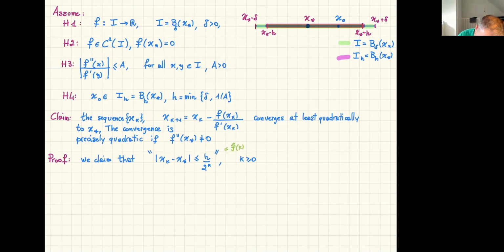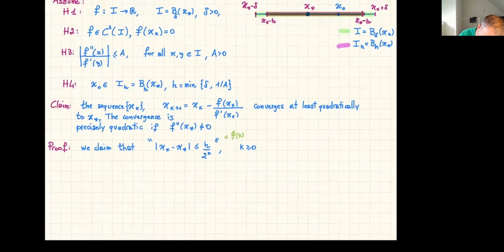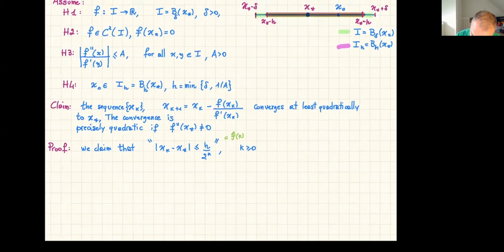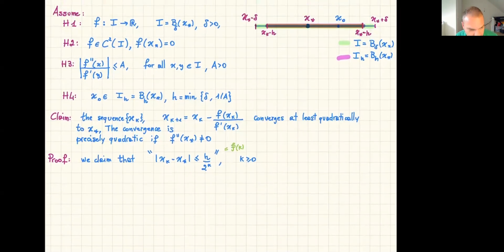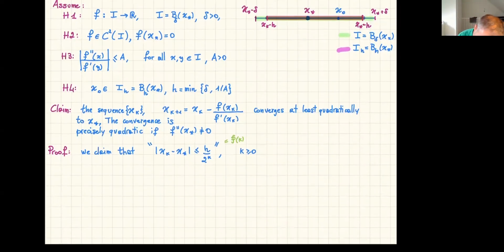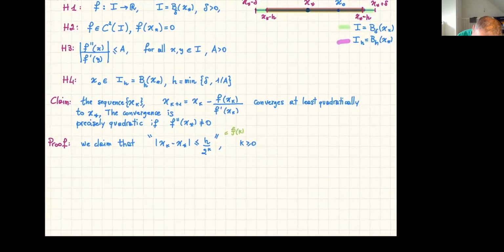And so I will now proceed with the anchor step. Of course, in this way, I'm not trying to prove any modes of convergence. So I will not be proving initially that the convergence is quadratic or not quadratic. I will just initially aim at proving that there is convergence. So let's start with the anchor step.